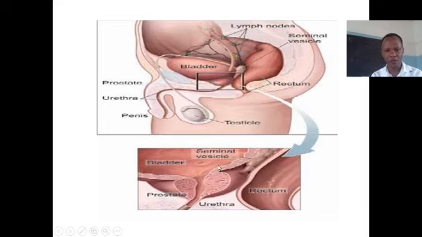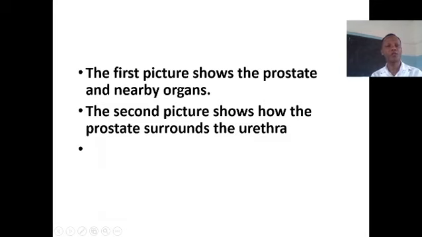This is the first picture. In the second, you see a slight difference. You see the urethra, and the prostate slightly enlarged, and below it the bladder, seminal vesicles, and rectum. Therefore, this picture shows the prostate and the nearby organs. Picture number 1, and the second one shows how the prostate surrounds the urethra.